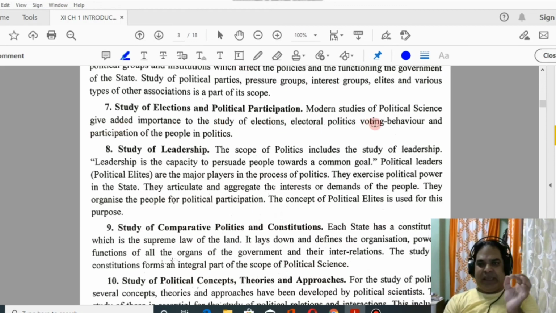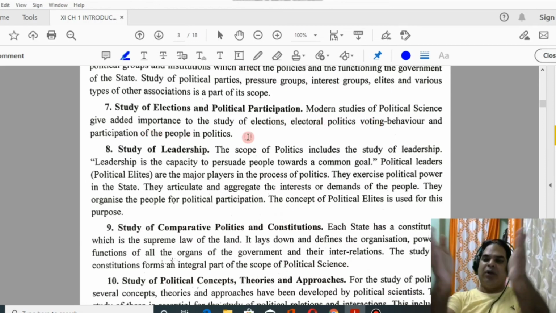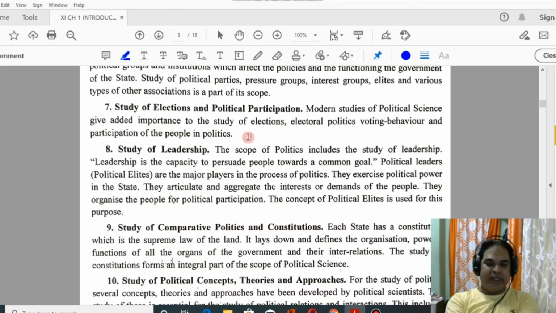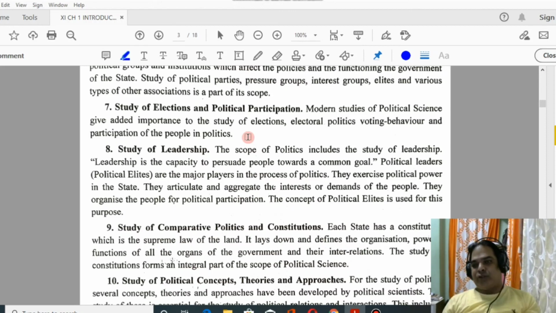So the voting behavior and the participation of the people in politics is also a subject matter of political science. The relation between the people and the politics also has to be studied.